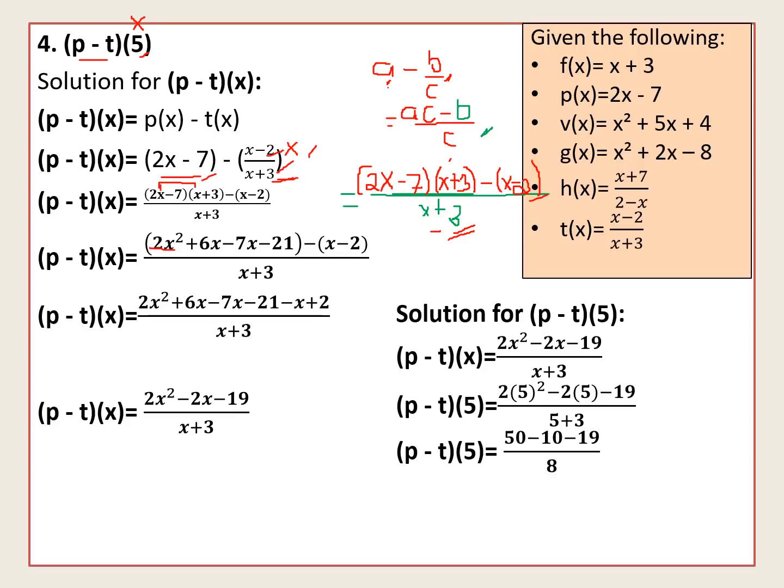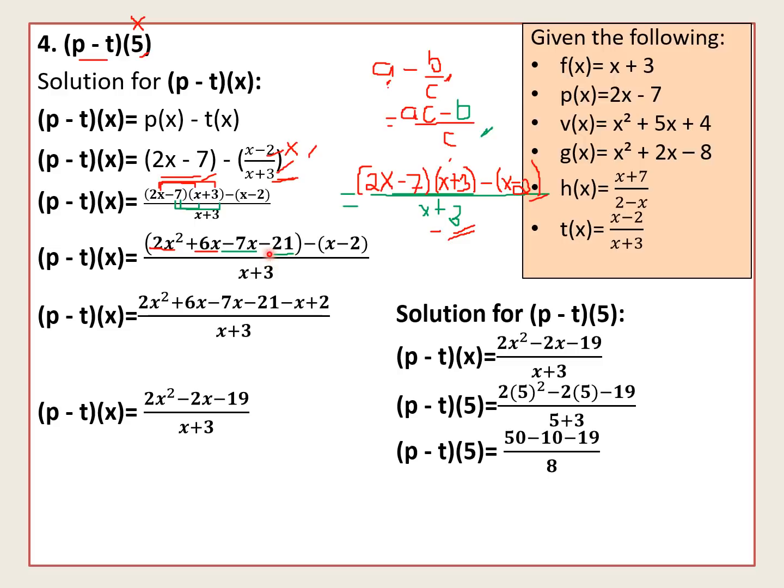Tapos, 2x times 3, it is 6x. Tama? Tapos, negative 7 times x, it is negative 7x. Tapos naman, negative 7 times 3, it is negative 21.